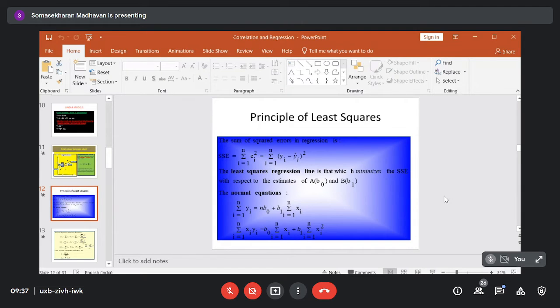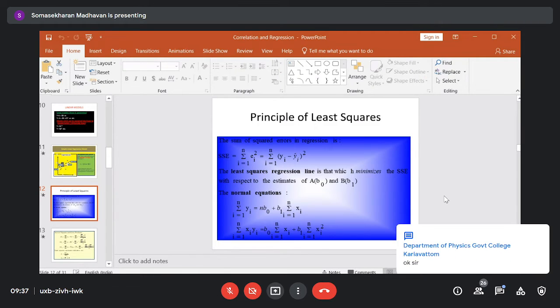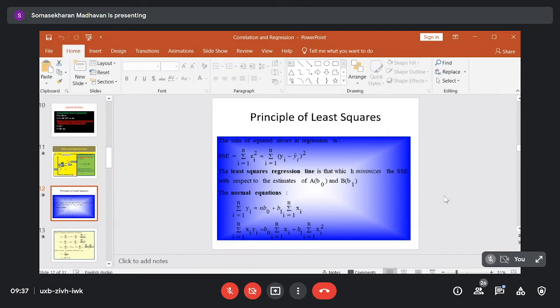Finally, our objective is to estimate the values of A and B. Then what happens? If you express A, it will be in nonlinear form. That is the problem. But you can convert the right side into linear, that is true. Because once you express this in linear form, it must be linear in parameters.